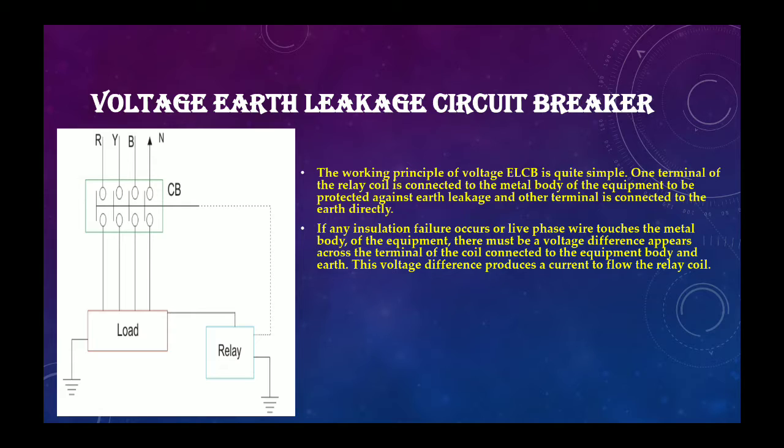If any insulation failure occurs where the live phase touches the metal body of the equipment, a voltage difference appears across the terminals of the coil connected to the equipment body and earth. This voltage difference produces a current to flow through the relay coil.